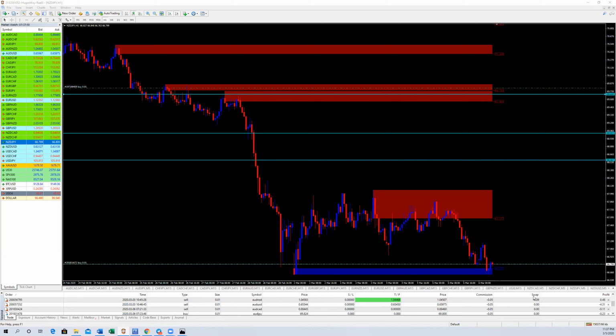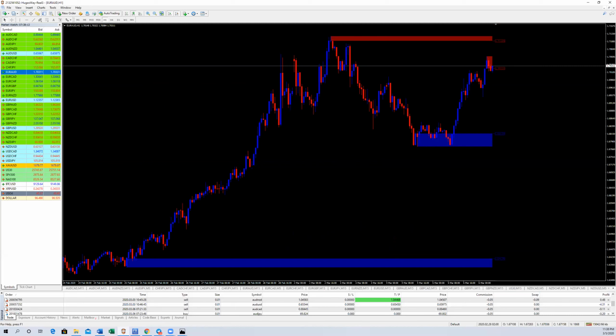Nothing major happening. I was looking at some naked charting a bit earlier. Let me see what pair I want to use for my example. Let's do Euro AUD.